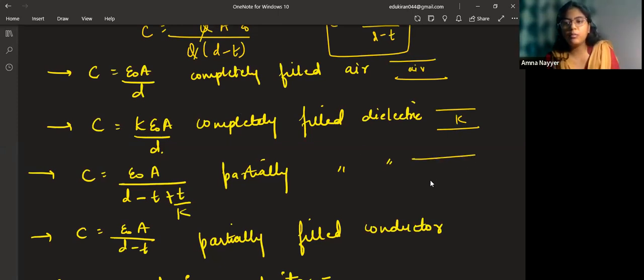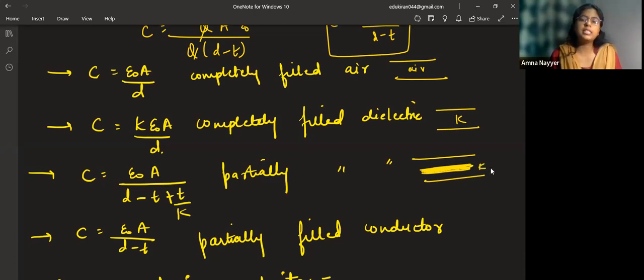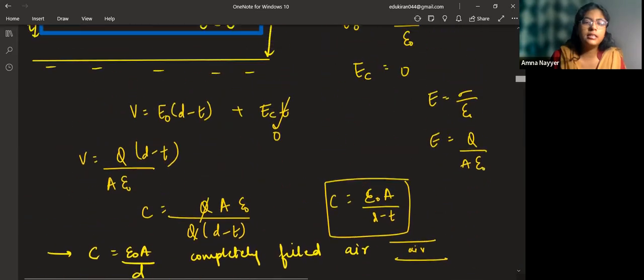And when between the plates a partially thick slab with dielectric medium k was kept, then the formula was epsilon naught A divided by d minus t plus t by k. And when between the plates a conductor was kept, formula was epsilon naught A divided by d minus t. Formulas you should remember for the numericals, and each part you should remember for the derivation purpose.